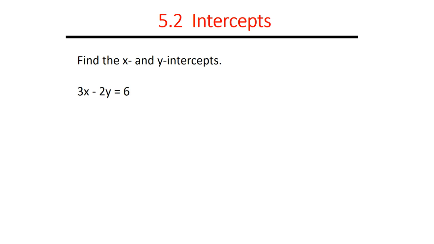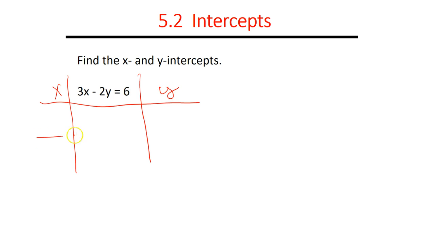All right, now that you've had a chance to write this down, we're going to create an input-output table here where x is going to be your input and y will be the output. Now, initially, we know that the y-intercept is where x is going to equal 0.